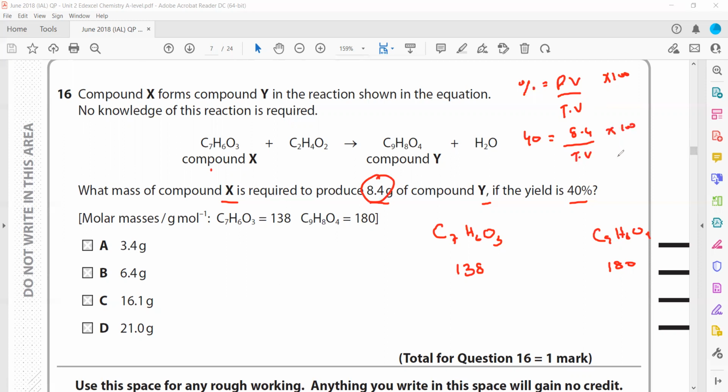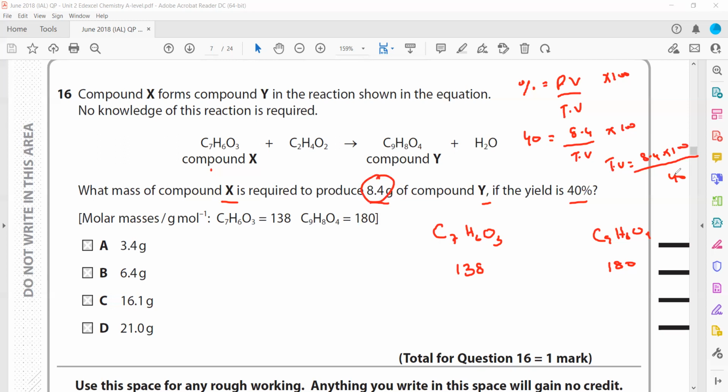So we cross multiply the theoretical value. So the theoretical value of a product equals 8.4 multiplied by 100 divided by 40.